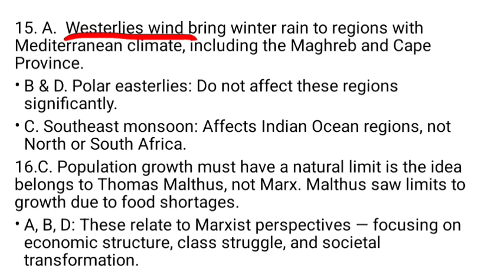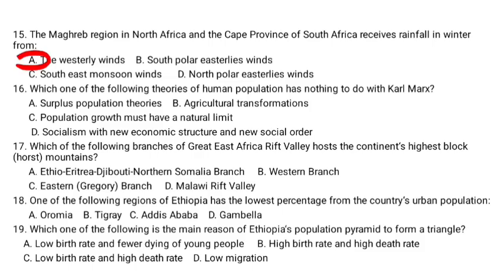South polar easterlies, indicated by B, and North polar easterlies do not affect the listed regions significantly. Southeast monsoon affects Indian Ocean regions, not north or south of Africa. As a result, A is the correct answer for question number 15.